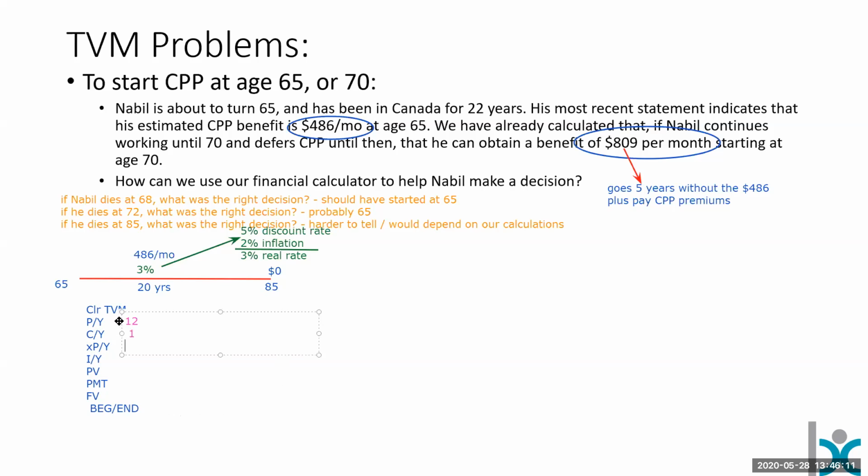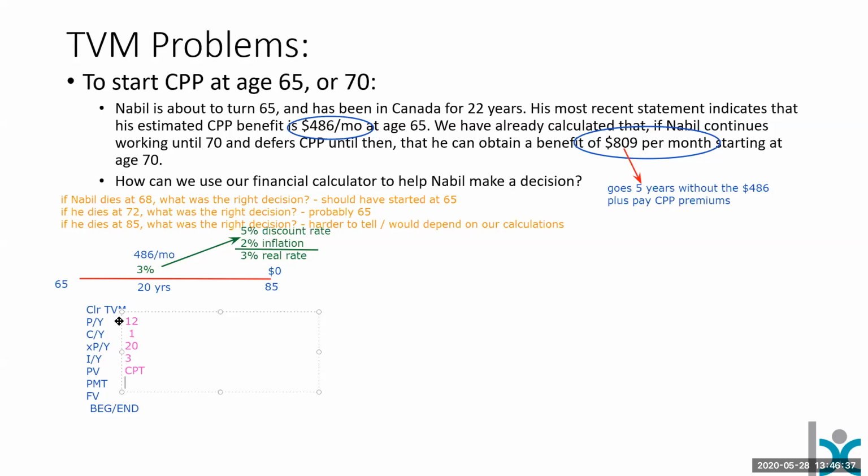Annual compounding is probably more accurate here. Times PY? 20. IY? 3. Present value? So this is what we don't know, right? We're going to compute our present value.